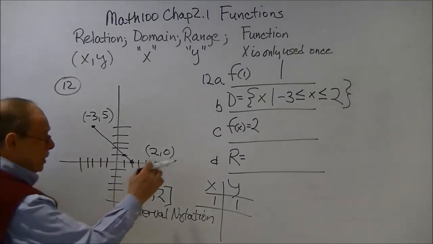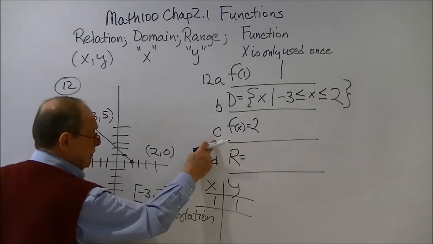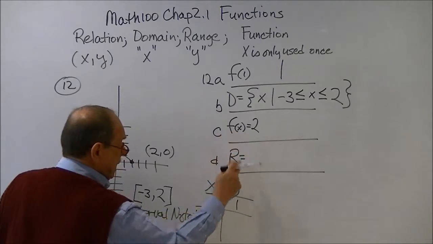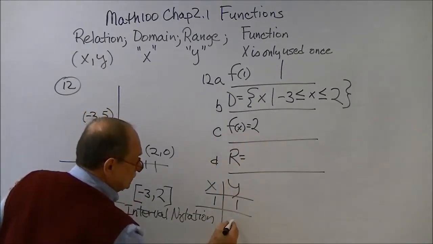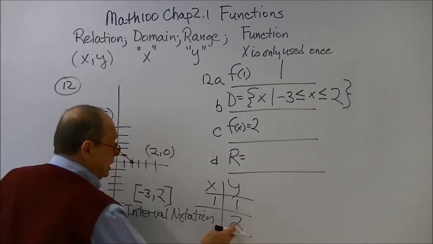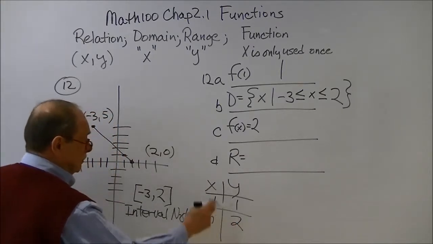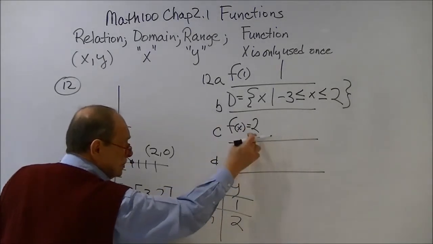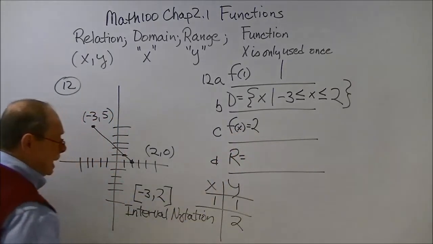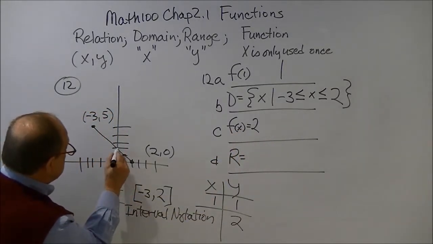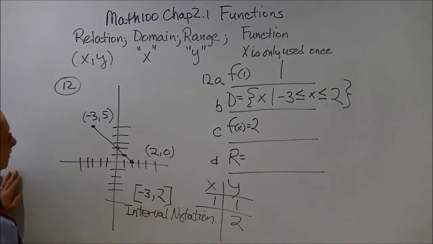Okay, now for letter C, they're saying that y is 2. So what will our x value be when y is 2? Remember, we don't know our x value. We know the output of this is 2. So what will x be? Well, 2 is right there.